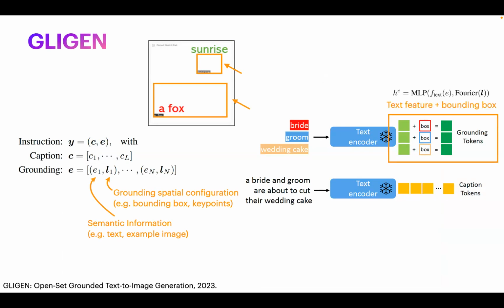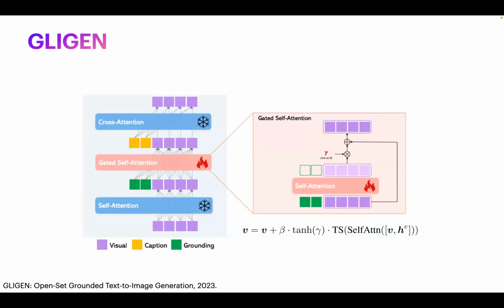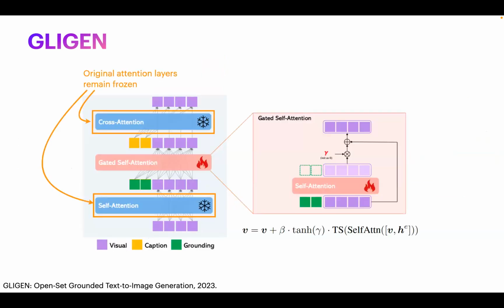And then the combined information is given as input into the model. Once you obtain this grounding token, it is introduced to the model, but the original layers remain entirely frozen.